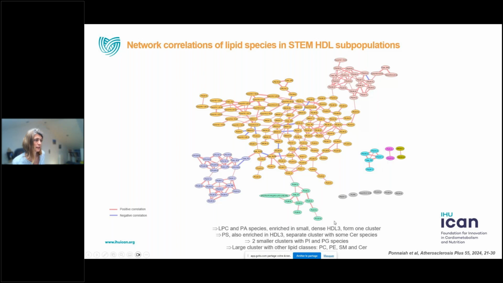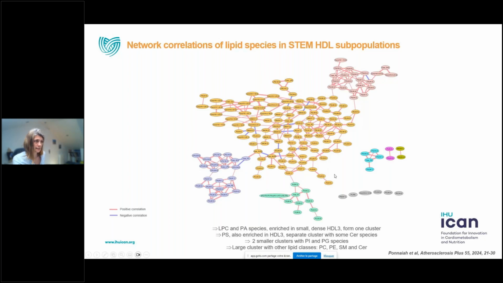And what we could see was that we obtained small clusters: a cluster of phosphatidylserine, one of PI, and one of inflammatory lipids, which are the lyso-PC and PA, which mirrored on one hand the distribution of these lipids across the HDL subpopulations, as we've shown before that phosphatidylserine, for example, was more enriched in the small and dense HDL3C, and another big cluster with all the other lipids.